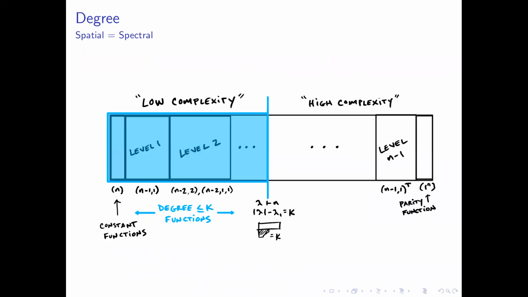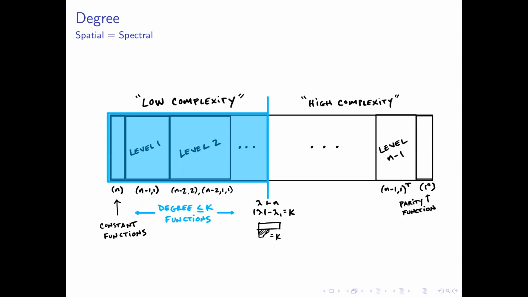Okay, and so this is our picture for these other combinatorial domains where we have the symmetric group acting on them. Before, our levels were indexed by sets. Now they're indexed by integer partitions, and we still have the same picture.